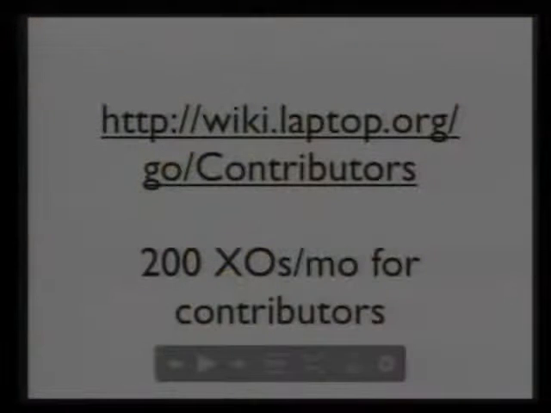So I have very good news for you. We have around 200 XOs per month coming in the new contributors program. This is worldwide, but still it's a nice thing.